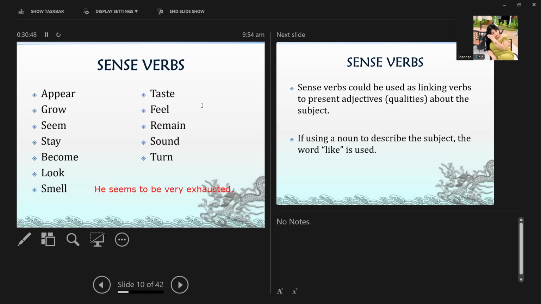Anyways, it's okay. So we have the subject. The subject is he, right? And then the sense verb is seems. Exhausted. Ano to? What function does it have? Adjective. It's an adjective because it describes the subject or it describes a noun. You got it?